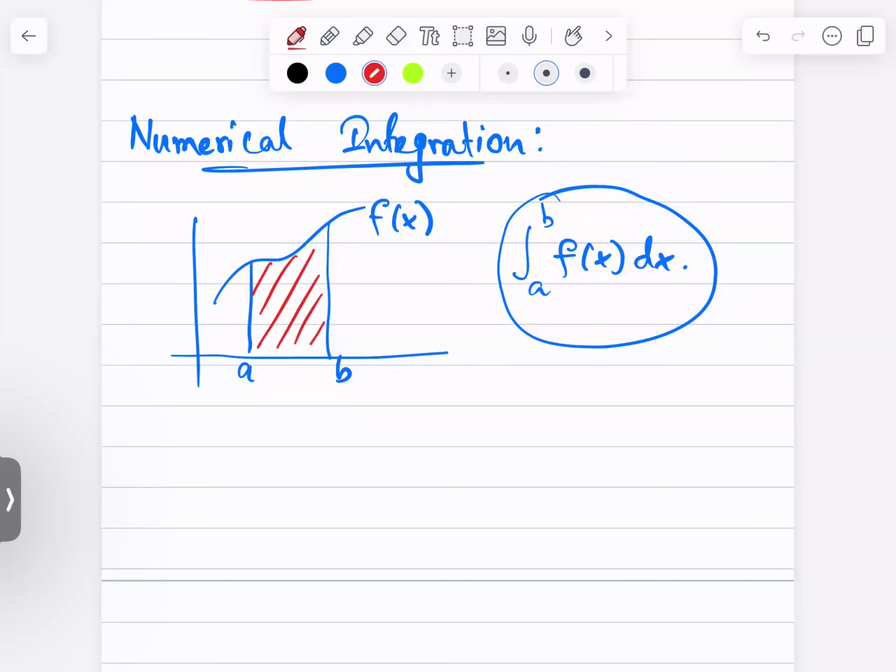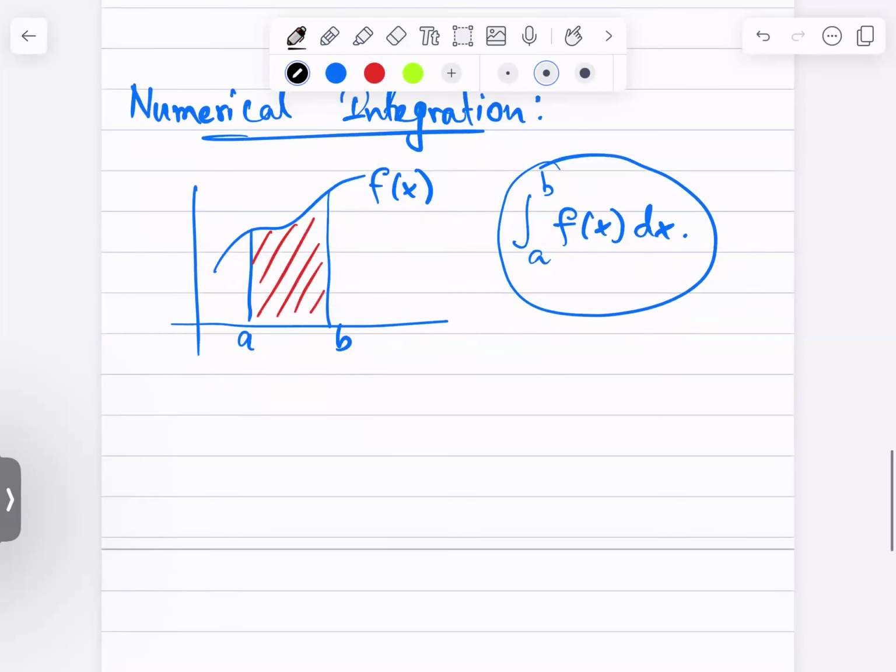But this shaded region. Okay, cool. But how you approach solving this problem is you try to find a function capital F such that the derivative of capital F is the same as your original function f(x).